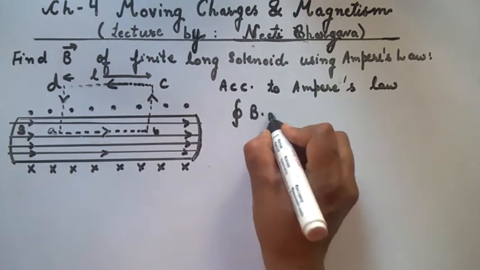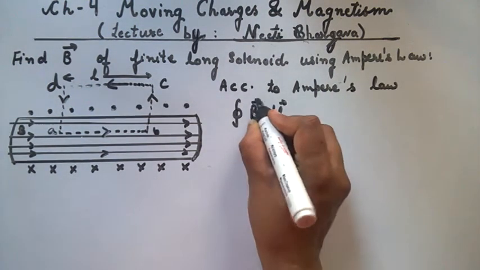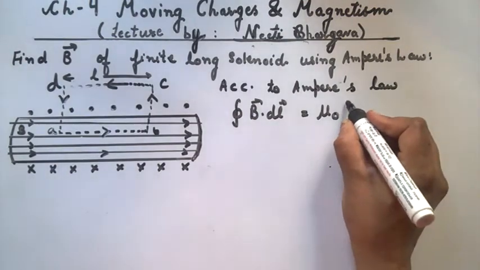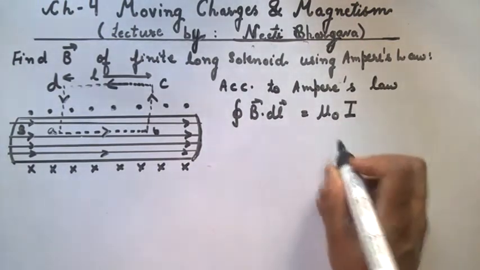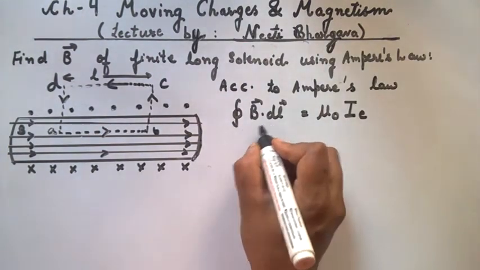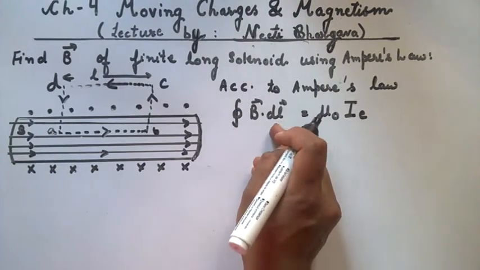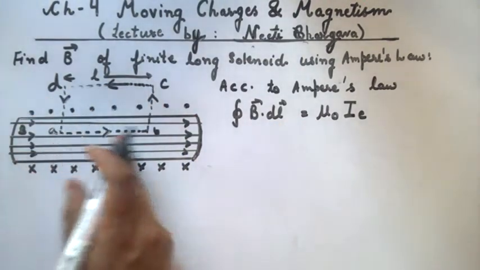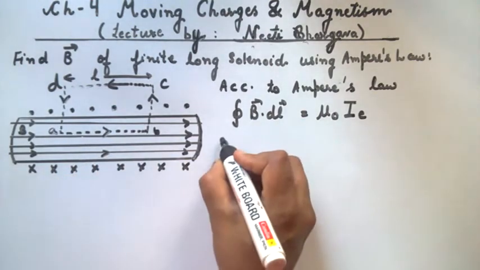the closed line integral of the magnetic field is equal to mu naught times the total current enclosed within this Amperian loop. First, calculate the value of the magnetic field and length element because of these 4 line segments.